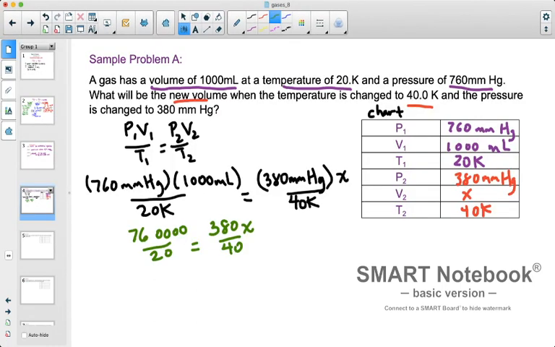Okay, if you remember to cross multiply, you go across this multiplied by that, and that multiplied by that. All right, you get a bunch of numbers, 304, 1, 2, 3, 4, 5 equals 7600x. I have to solve for x, so I'm going to divide both sides by 7600.